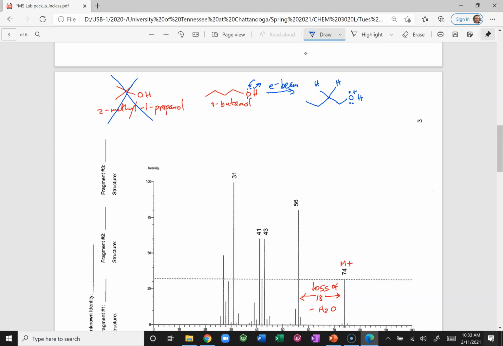But this is my molecular ion. So this is gonna be this guy, OH, with a mass to charge ratio of 74. All right. Then I can do the loss of water right here, and so this will produce this. Plus 1 lone pair, 1 radical here, and I have 2 electrons that are here that I'm going to take off. So I'm going to do loss of water.